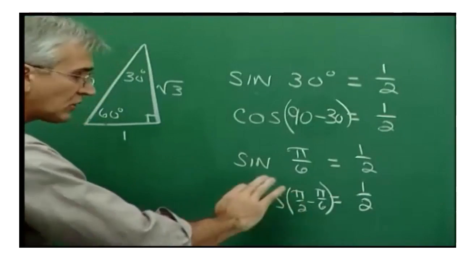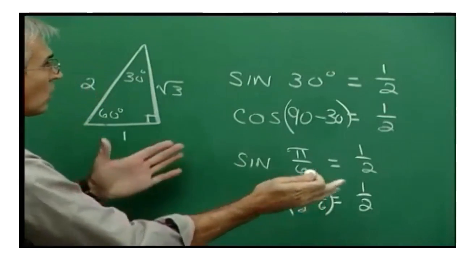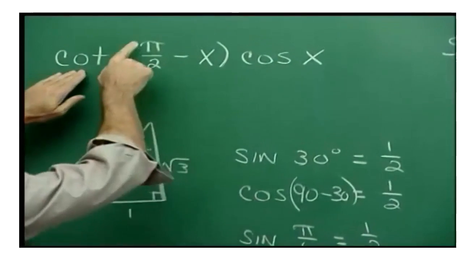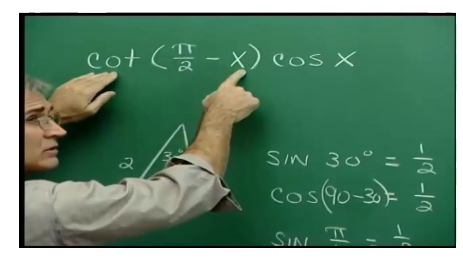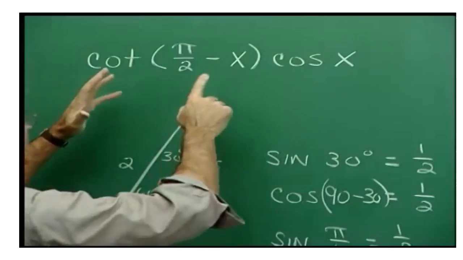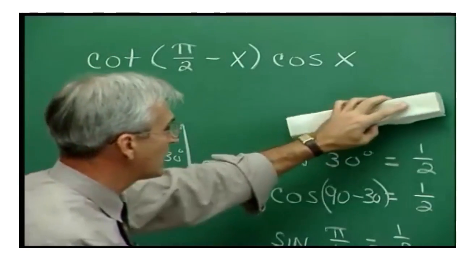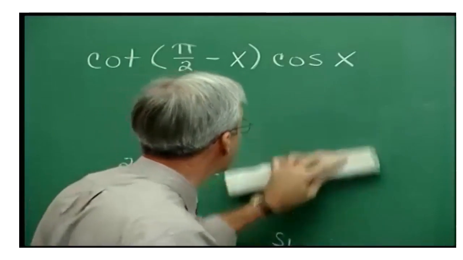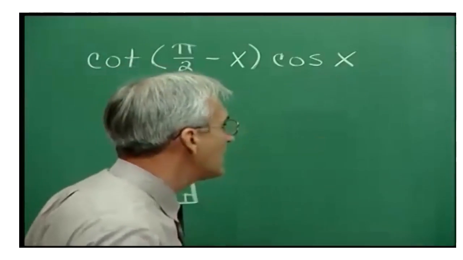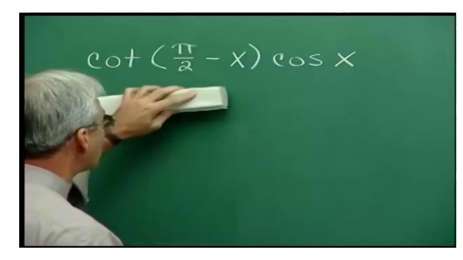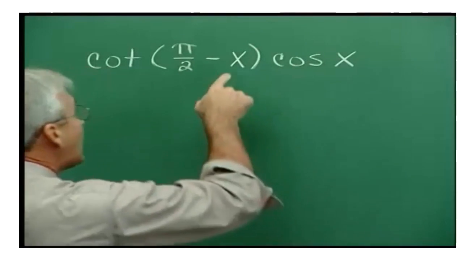Now, I just want to show the technique, because when we see a situation like this, notice this is cotangent of pi over 2 minus x. When we see a binomial like this, it seems a little confusing at first until we realize that this is precisely the calculation needed to generate the complement of the angle x.